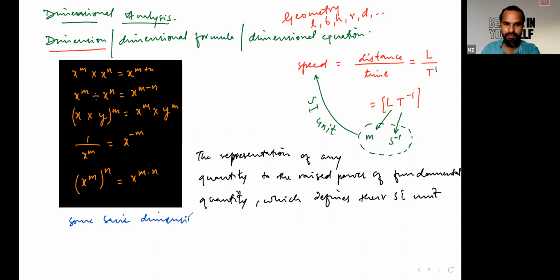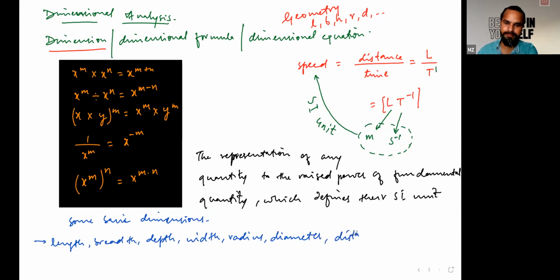First: length, breadth, depth, width, radius, diameter, distance, displacement, wavelength.